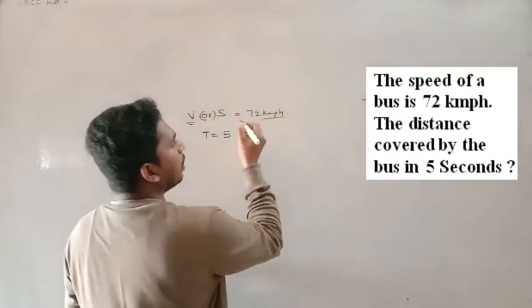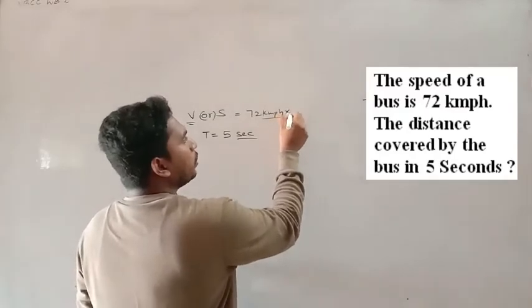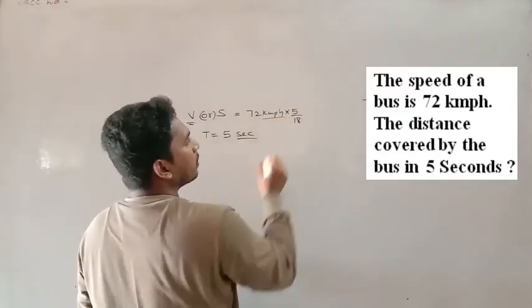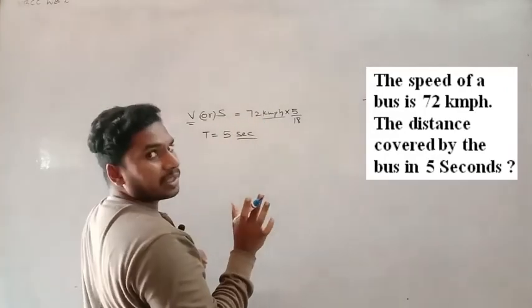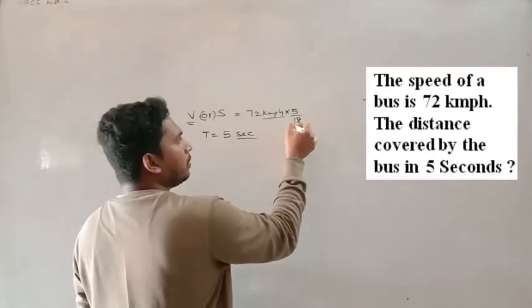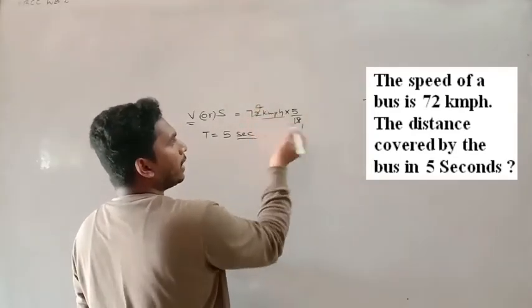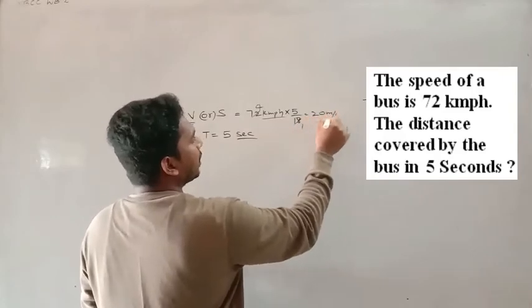To convert this into meter per second, we multiply by 5/18, because it is 1000/3600. If you do the cancellation, that will be 5/18. 18 fours are 72, and 4 into 5 is 20 meter per second.